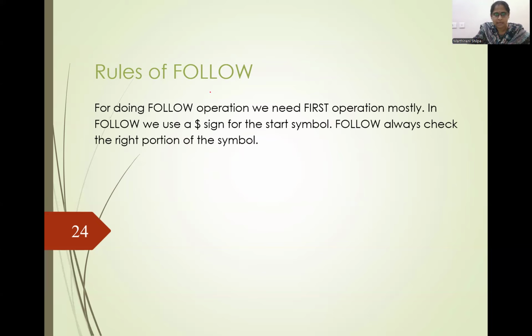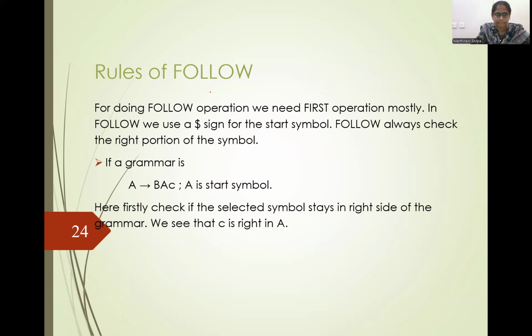Let us take this grammar. It is given A derives BAC. This is a terminal symbol and it follows a non-terminal variable A. Then we can say follow of A is C. And also one more thing, in the follow set, for the starting symbol of the grammar we are going to add dollar.